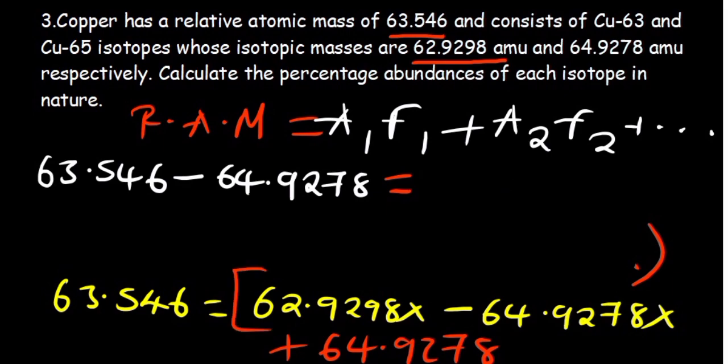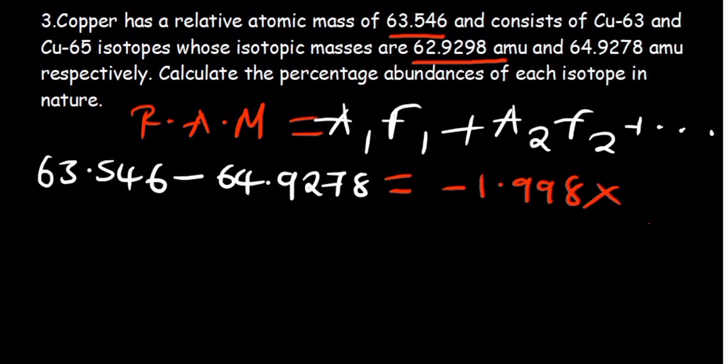So 62.9298 minus 64.9278. So I'm getting a value of negative 1.998x. Okay.